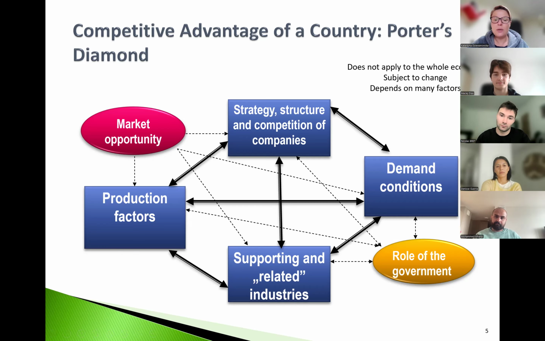And that means that you are not the lone player in the market. Whatever you do, there are other industries that support your operations. So, for example, there are institutions that support your financing. There are institutions that provide you key ingredients. There are companies that offer you logistics services or warehousing services or design services, whatever you need, right?